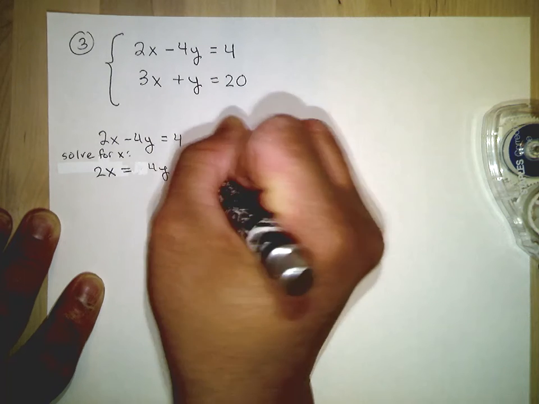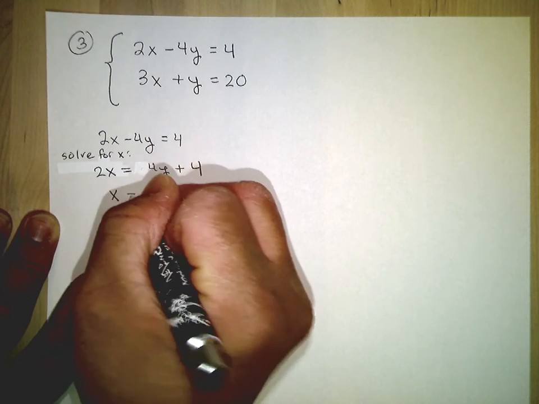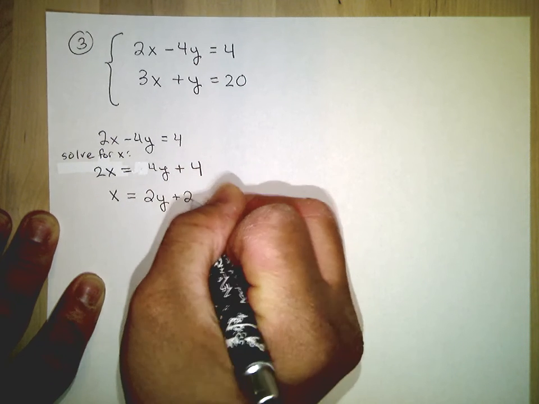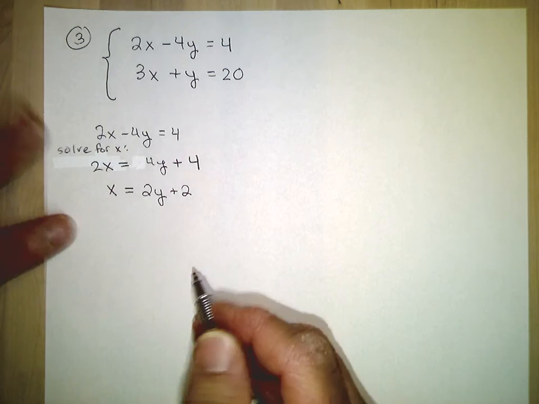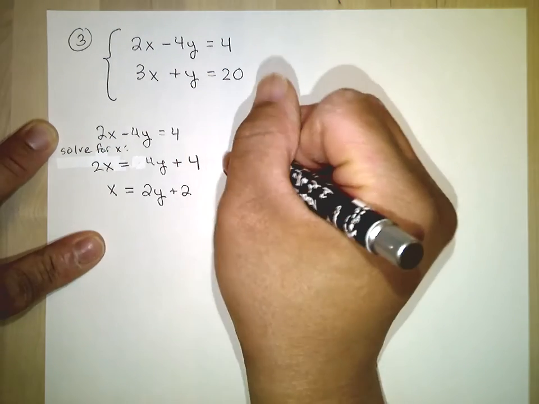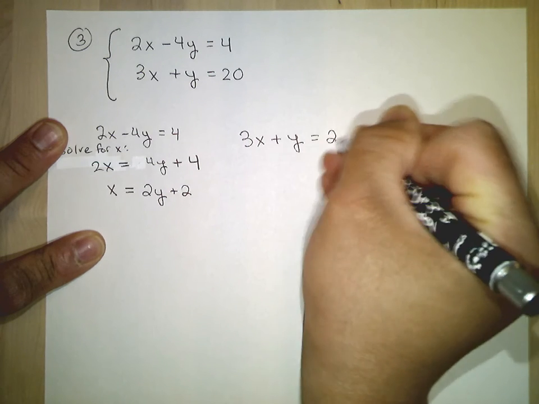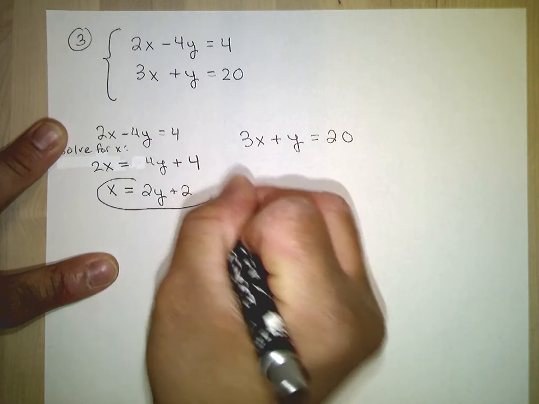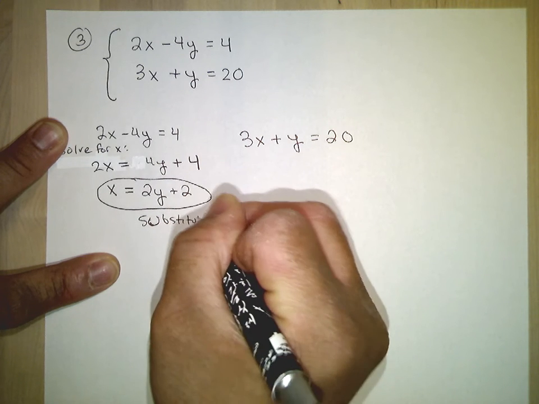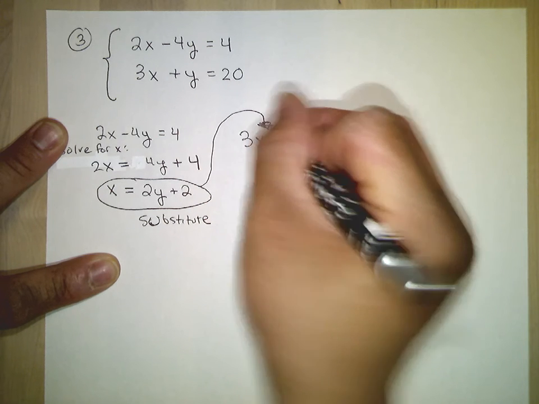4y plus 4, then divide by 2, so x is equal to 2y plus 2. And then that could be substituted into this other equation. So 3x plus y is equal to 20. We'll substitute this in here for x and use parentheses.